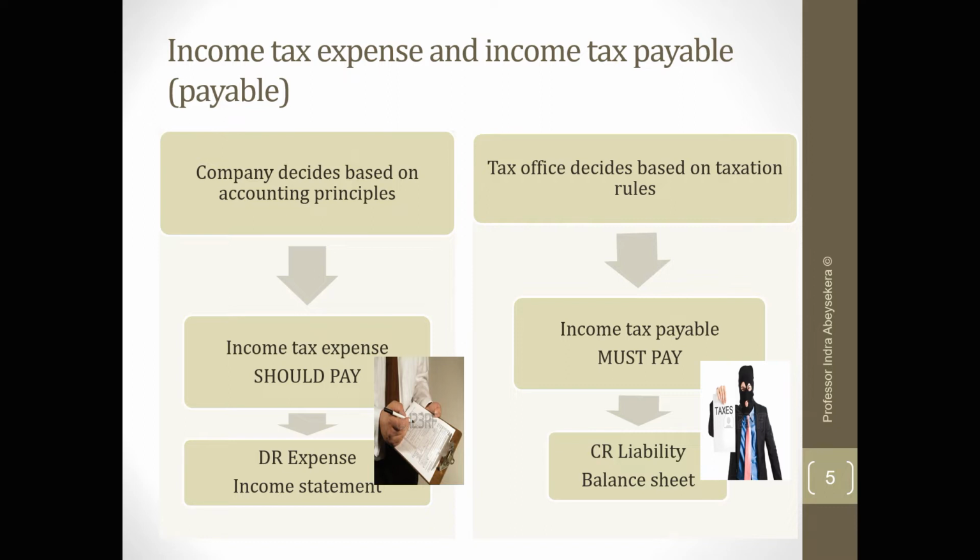So theoretically, income tax expense that we record as a debit should equal the income tax payable we record as a credit, but the liability is calculated based on the rules used by the tax office, and the expense is calculated based on the rules used by the accounting standards.